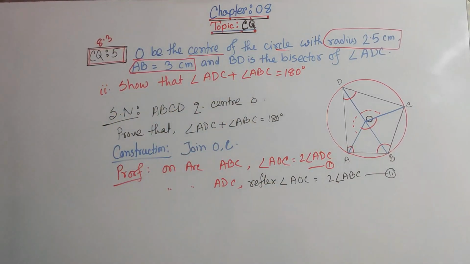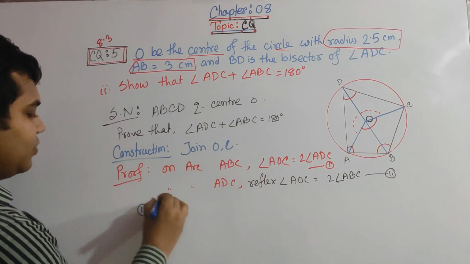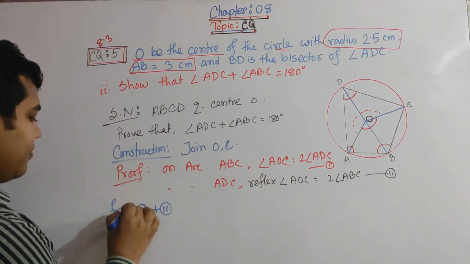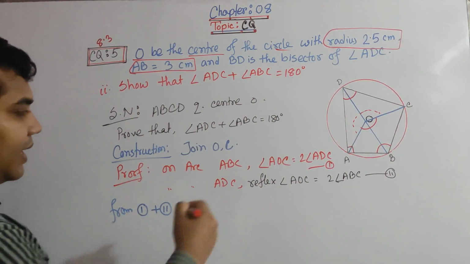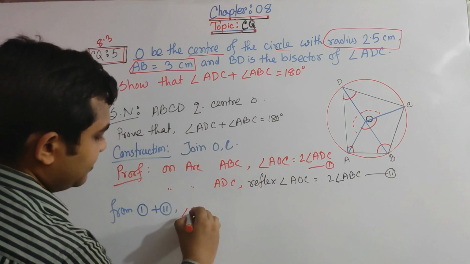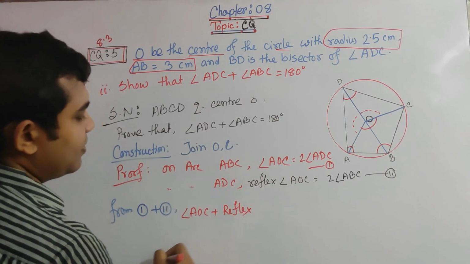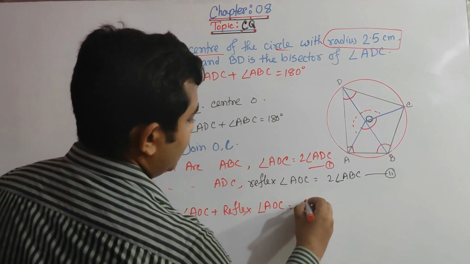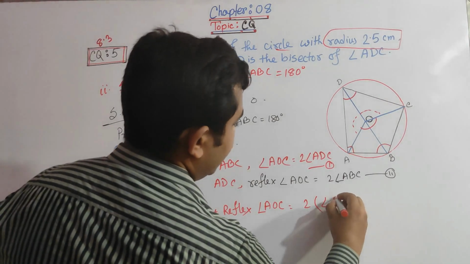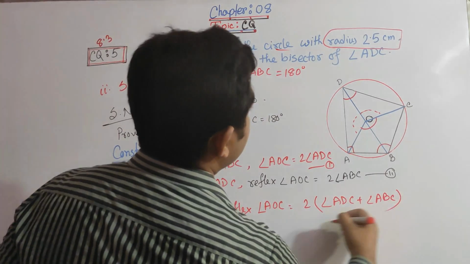Okay, now adding these two equations, from 1 plus 2 we get angle AOC plus reflex AOC is equal to 2 times, if we take common, ADC plus ABC.